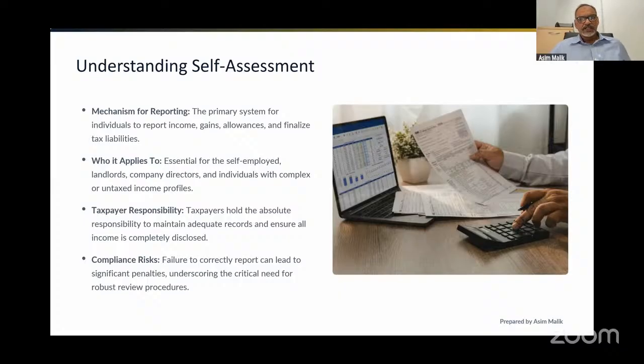Now and then HMRC also do compliance checks. There are different mechanisms for how to select the taxpayer for compliance. For example, they do certain campaigns on different trades. A couple of years ago, they did a campaign on tuition providers or tutors. On one occasion, they did a campaign on doctors.